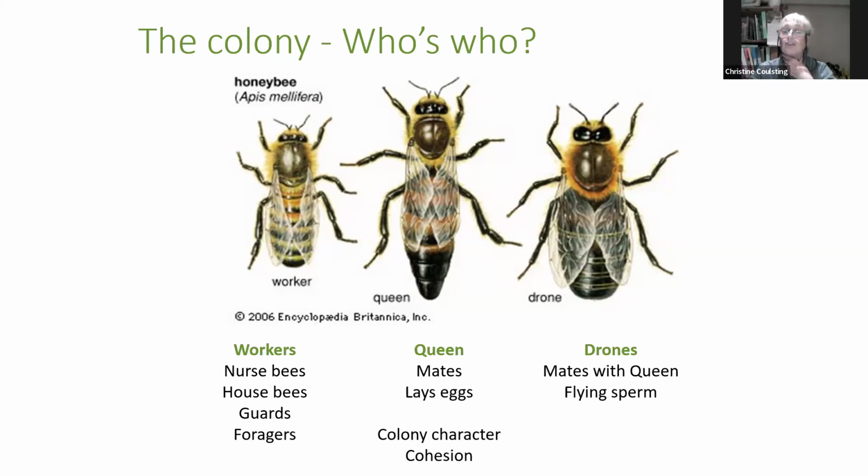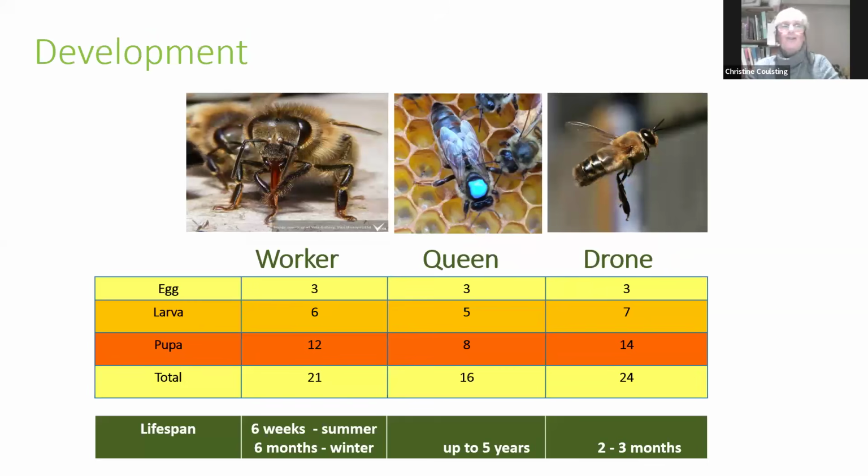But the queen mates, and all she does in the hive really is lay eggs. But she's important because she contributes to the character of the colony and also the cohesion. And drones, of course, mate with the queen, and they're basically, well, I say, flying sperm. Sorry, it was a slide from a beginner's course.